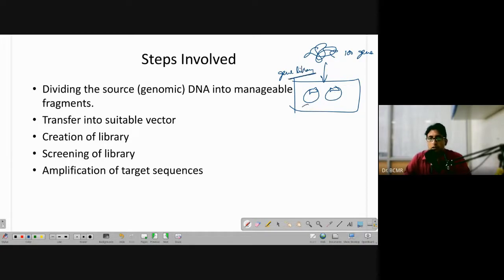And then you test each one, or by using other strategies, you test whether this particular one can give the phenotype that we are looking for or not. And that is the screening part.